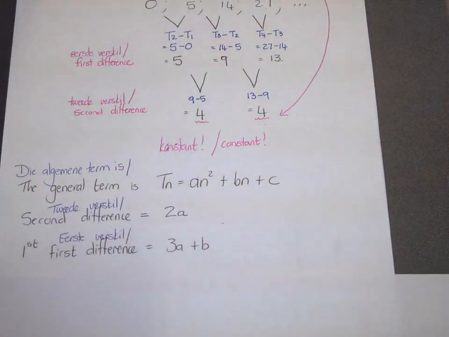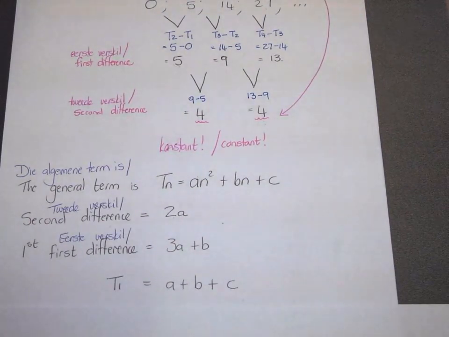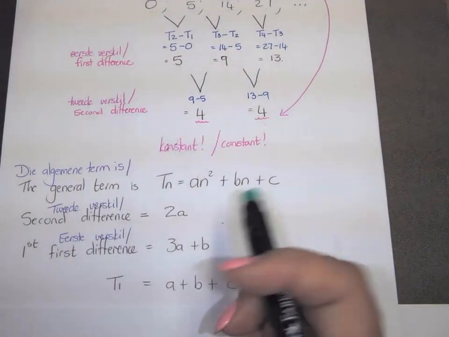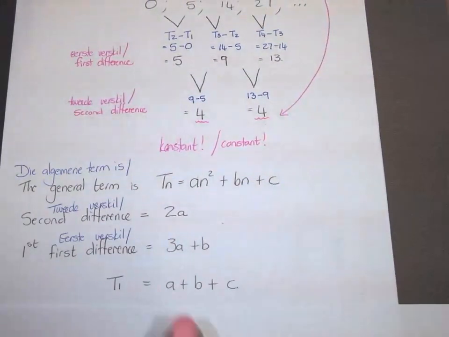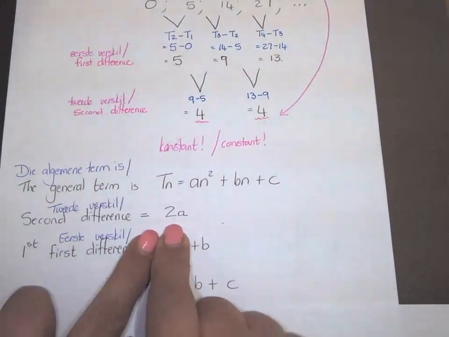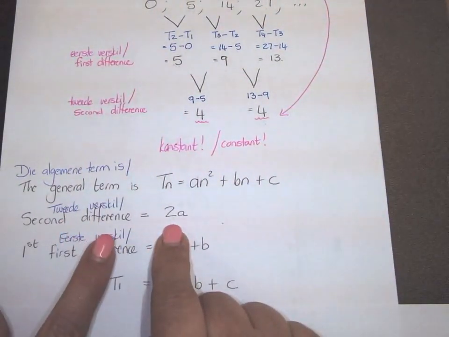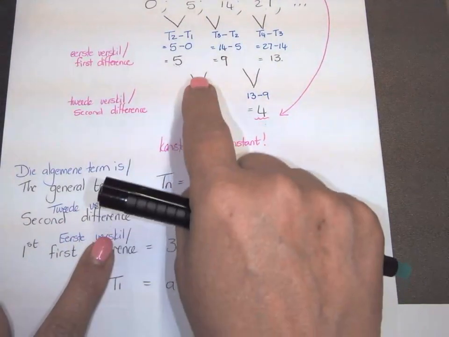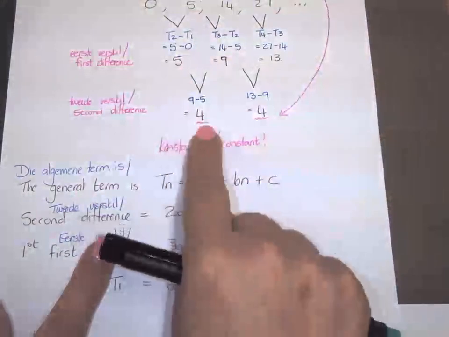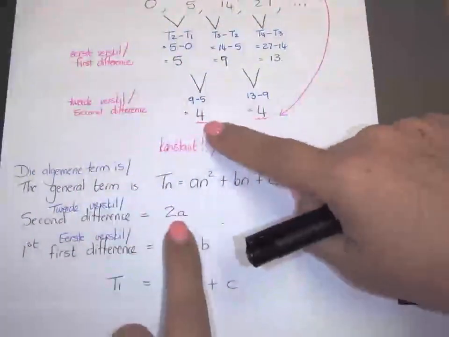And you also need three other formulas to determine the a and the b and the c. The first one is 2a, and that is equal to your first second difference. So 2a is equal to 4.